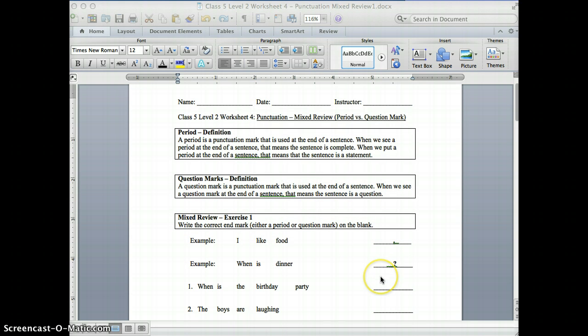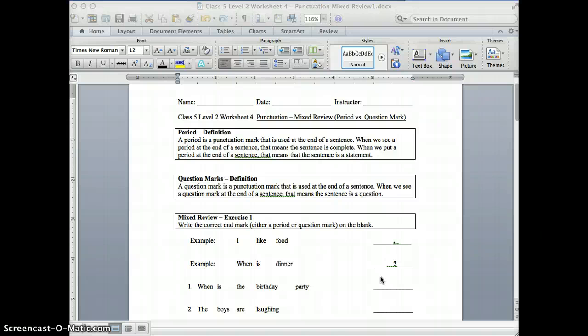I like food. So we have to fill in the blank with either a period or a question mark. I like food. So what our first step is going to be is looking at the sentence and determining whether that sentence is a statement, so whether we're saying a fact or whether we're asking a question. So, in our first example, I like food, are we asking a question or stating a fact?